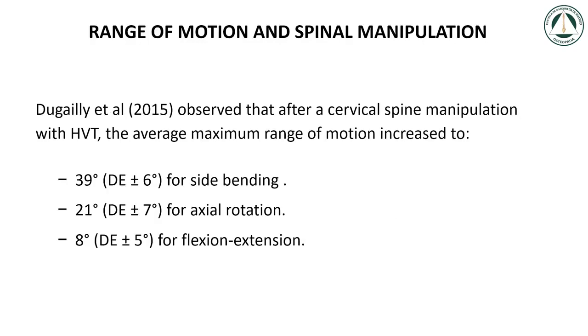Dugailly et al., 2015, observed that after a cervical manipulation, maximum range of motion was 39 degrees in side bending, 21 degrees for axial rotation, and 8 degrees for flexion extension. During the thrust phase, the average range of motion was 8 degrees for side bending, 5 degrees for axial rotation, and 3 degrees for flexion extension.